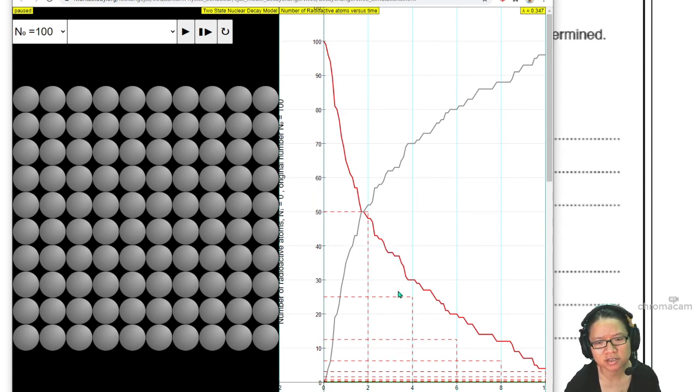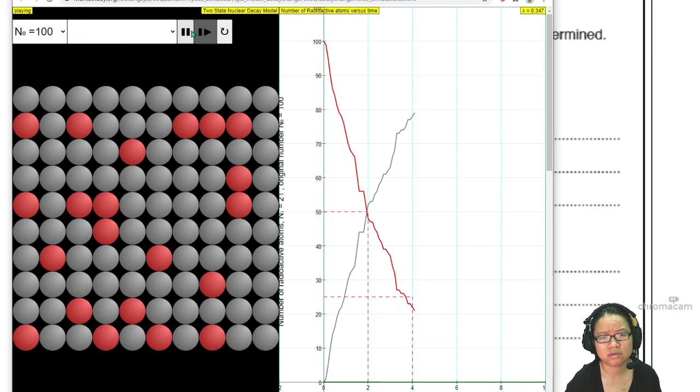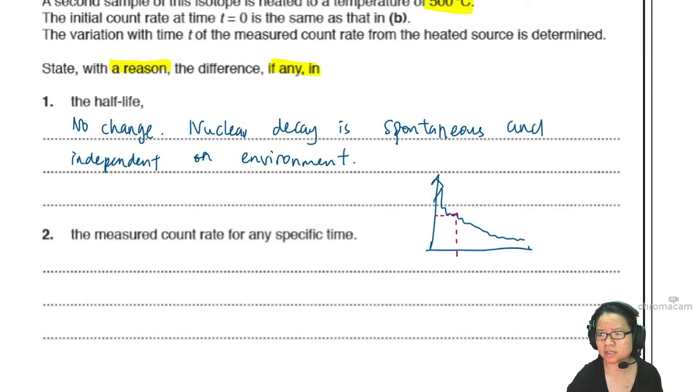This 40 is about 2.5 hours. If I repeat the experiment, will I get exactly the same reading? No. 40 is now slightly less than 2.5. You can see that the graph is not the same. So because of this, the count rate is likely to be different.